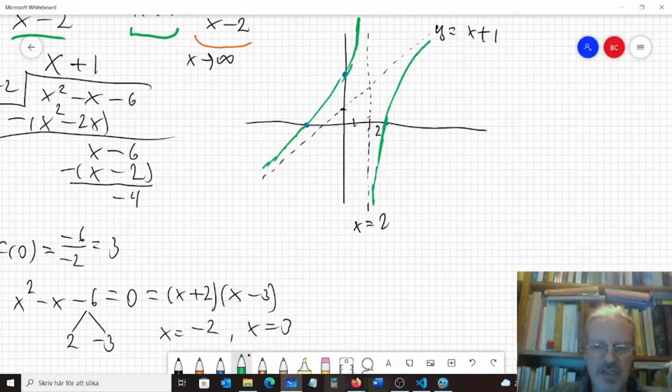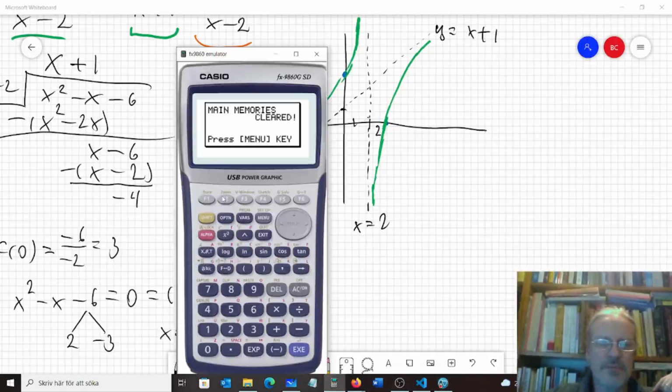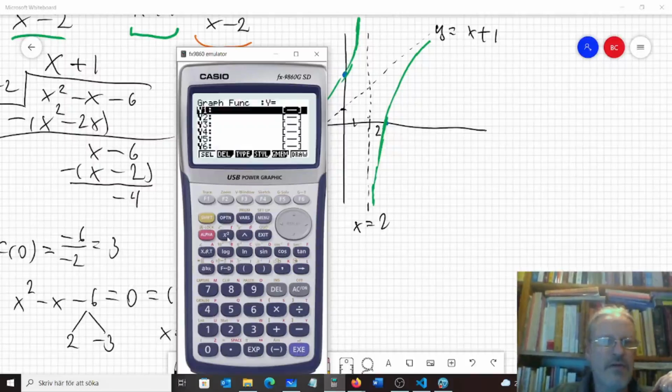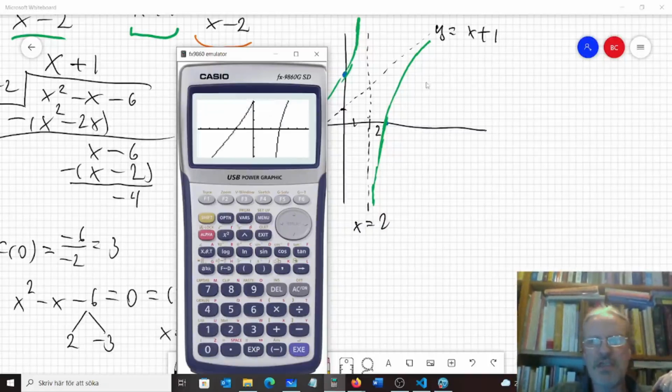We can actually check this on a calculator. We go into the menu, graph, enter the graph. So we have bracket x squared minus x minus 6 divided by x minus 2. We draw this and we basically get this.